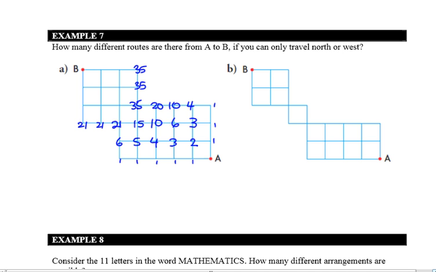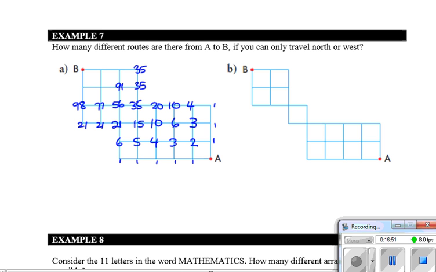21 and 35 is 56. Now the numbers get bigger. 21 and 56 is 77. 21 and 77, 98. 56 and 35, 91. 91 and 35, so finish off this guy.